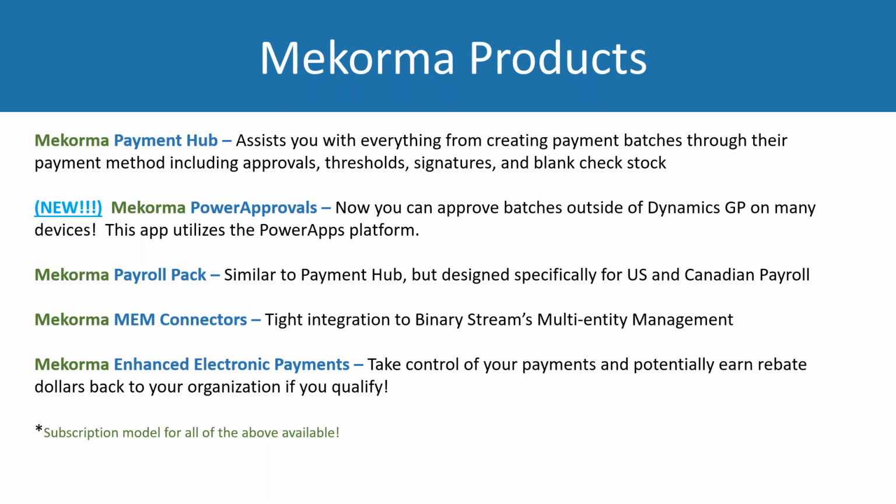The current McCorma Payment Hub helps you create those batches through your payment methods, including approvals, thresholds, signatures, or even your blank check stock like your MICR. But with the new Power Approvals, you have the flexibility to approve or reject them outside of GP, which opens up the doors for many new things.